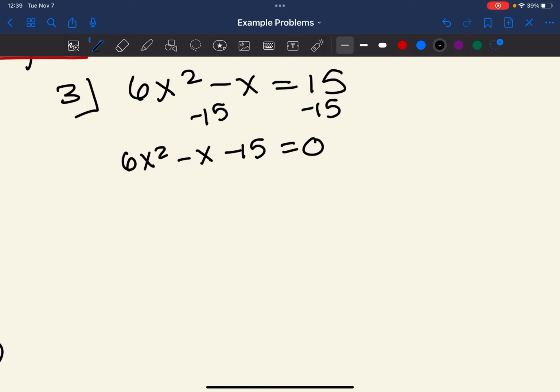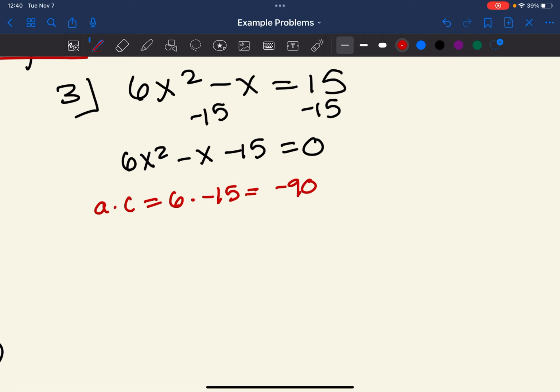This looks like a normal quadratic equation, so I'm going to do factoring by the AC method. My A and my C value were 6 and -15.